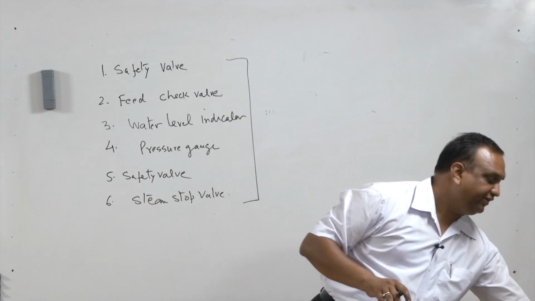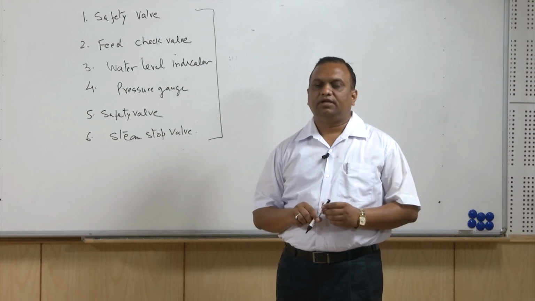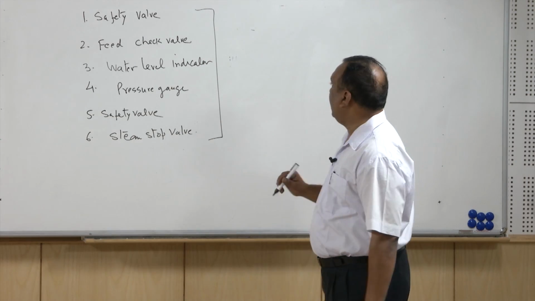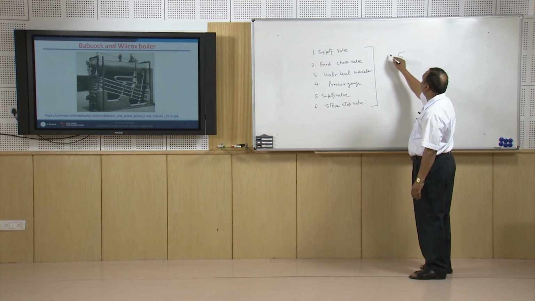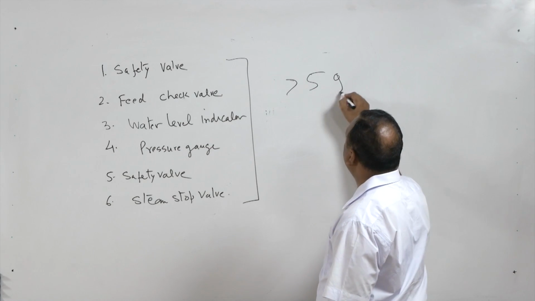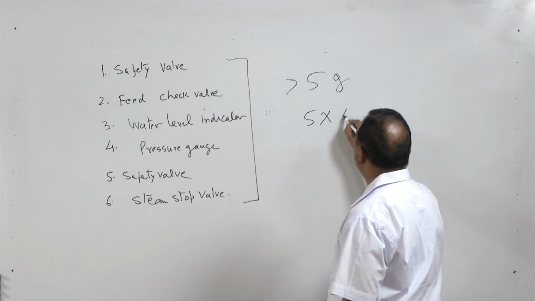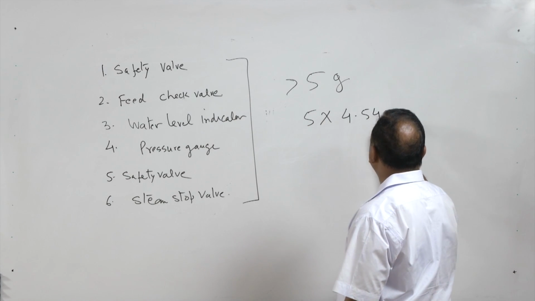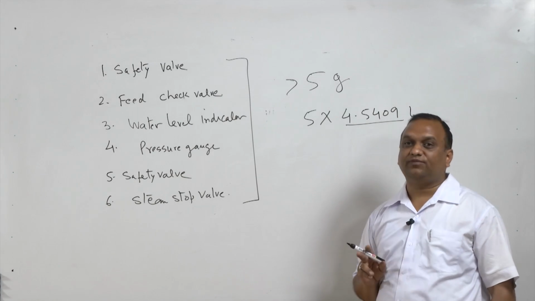Now in our country, there is the IBR Act. As per IBR, any steam generating machine which has a volume of more than 5 gallons, 5 into 4.5409 liters. This is the British gallon. There are two types of gallons.